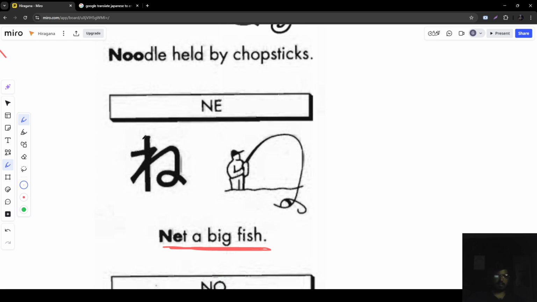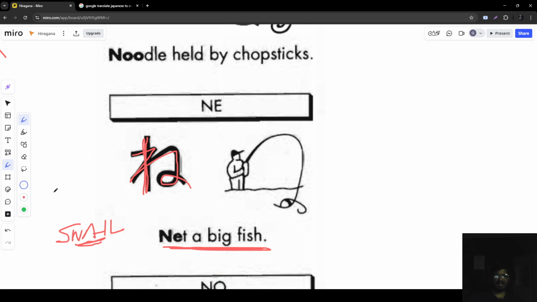I usually remember it as a snail. So this is ne, right? This is the head of the snail. This is the shell. So the shell goes down and someone inserts a nail inside a snail.